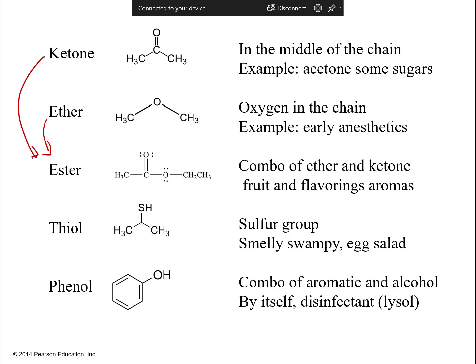So you're not going to see these all the way on an end because they all span carbons. This one's in the middle of a chain, the top one's in the middle of the chain, and you're going to see ethers in the middle of a chain. Whereas aldehydes and alcohols are always on the end or sticking off.